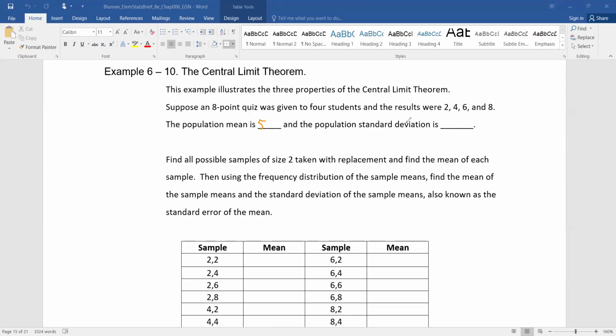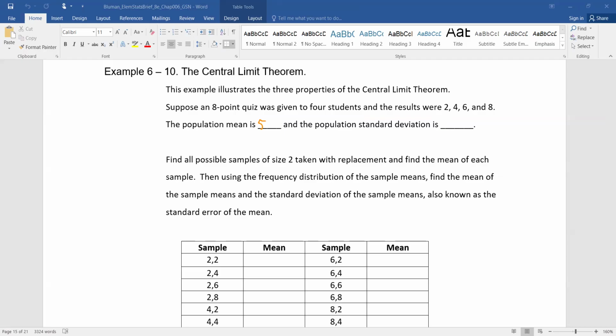And the population standard deviation would be, I have to plug it in and calculate that. All right, give me 1 second. 2, 4, 6, 8.